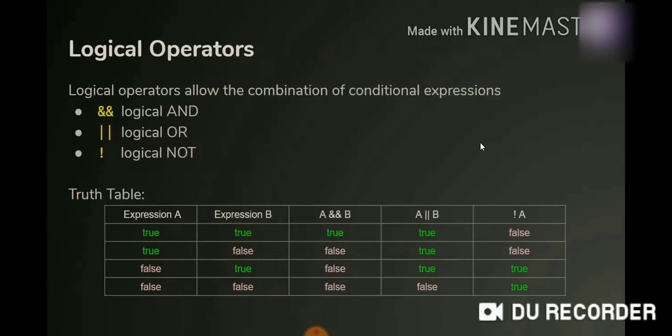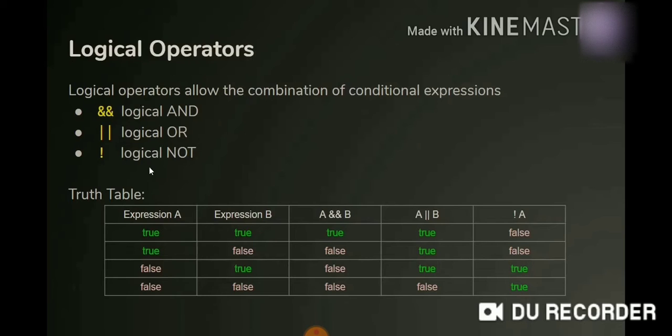We also have three logical operators in C sharp. These logical operators allow us to combine multiple conditional expressions to create a larger conditional expression. So if I want to combine, for example, is your title equal to professor and is your salary under 10,000, we can build those types of expressions.